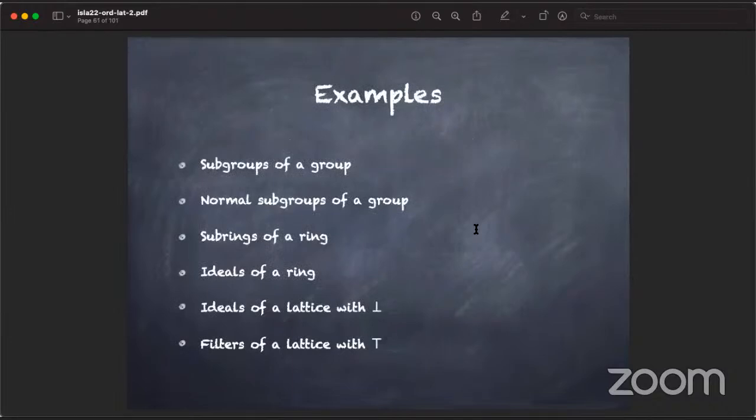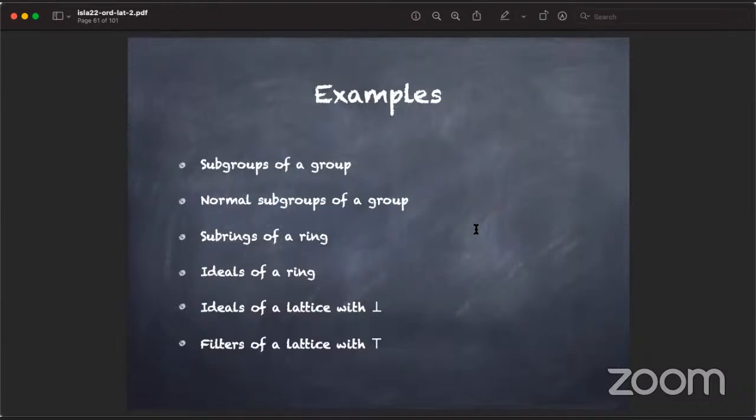Which means that subgroups of a group, normal subgroups of a group, subrings of a ring, ideals of a ring, ideals of a lattice with bottom, filters of a lattice with top, they will all give us complete lattices by the condition that we just saw. Please work it out by yourself, convince yourself that all these are actually examples of complete lattices.